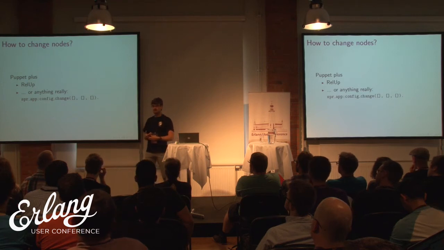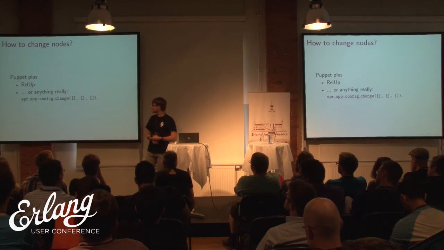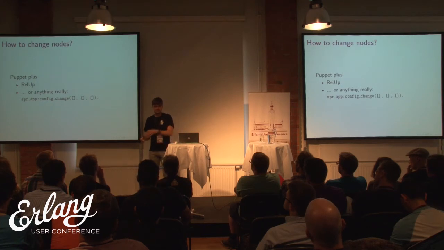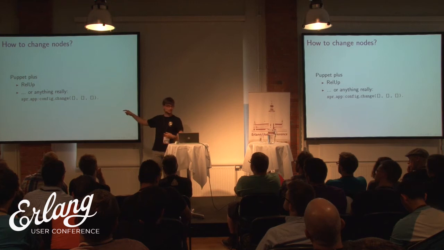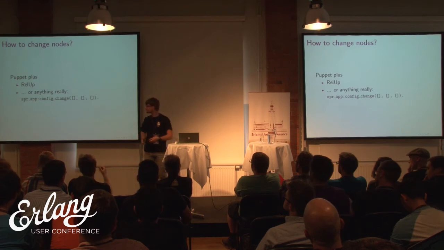The canonical way to do this is a relup. We don't do relups because we don't need to be running all the time. It's easier to stop and start the node and accept a few misses. But in the SPAPE router case, you don't really need that. It's enough to update the application environment and call config change. Then it will figure out the changed hosts, nodes and applications for you.